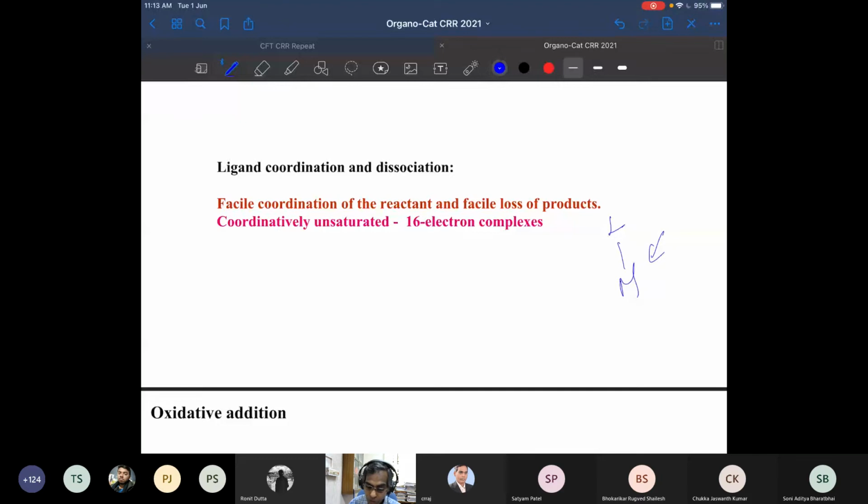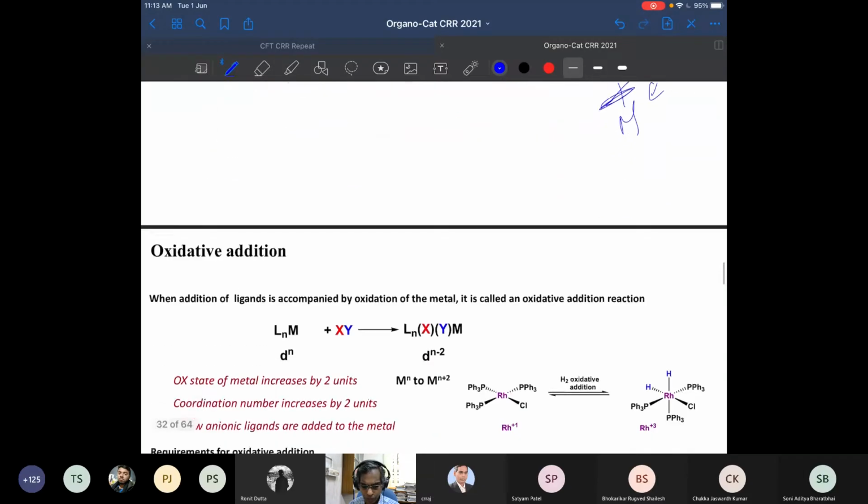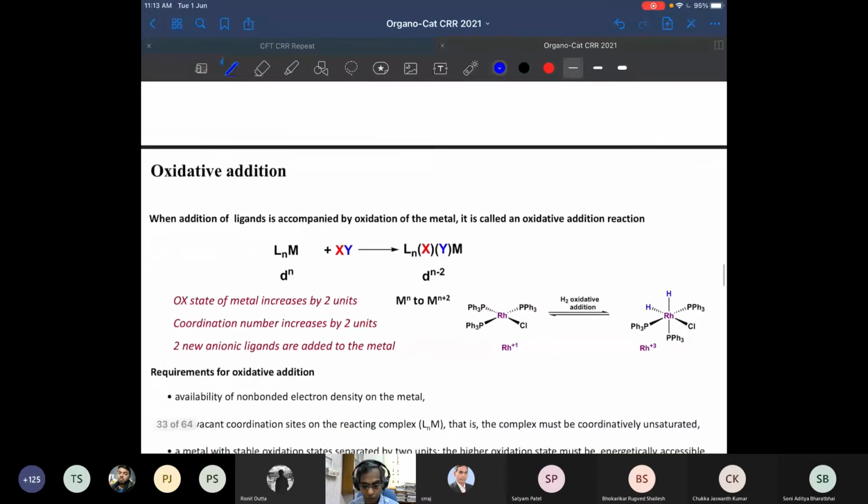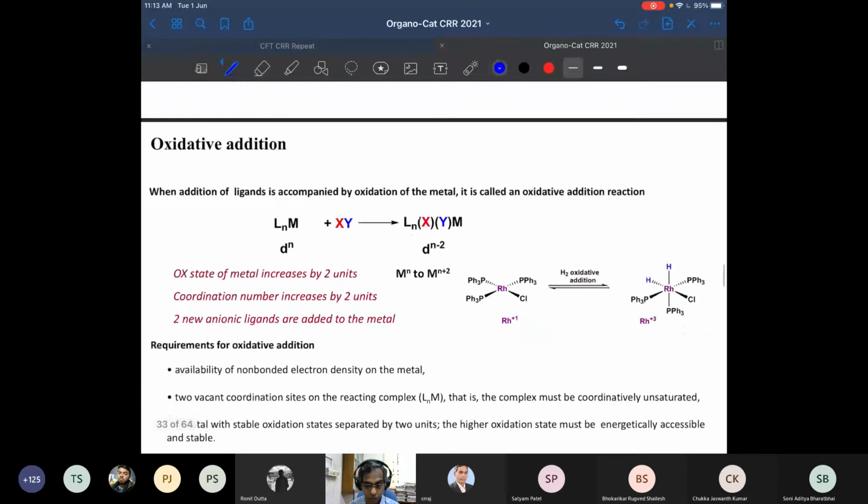At the end of the step, the bond will break and the ligand will dissociate. That's why a coordinatively unsaturated metal center is required for the homogeneous catalytic reaction. This is a very simple step. When I take the particular example of hydrogenation, you will understand what I mean.